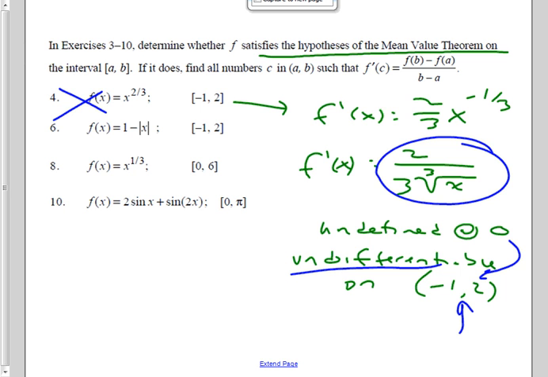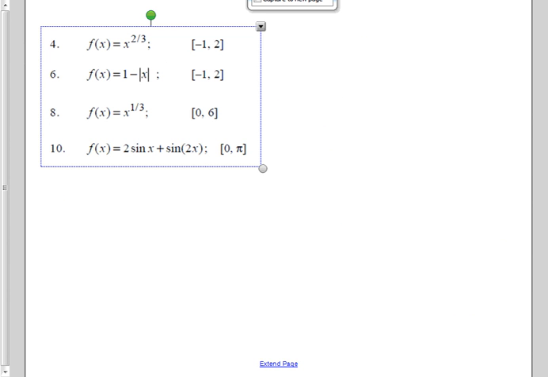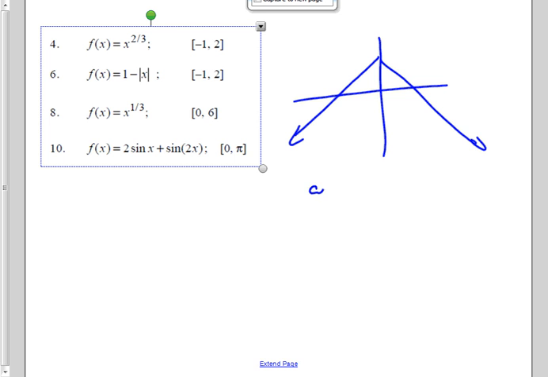What about 6? Well, in 6, just as a reminder of what that looks like, we've got an absolute value, and we know that at x equals 0, there's a cusp.